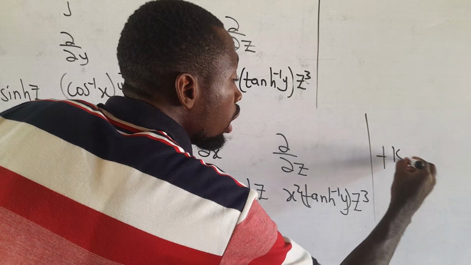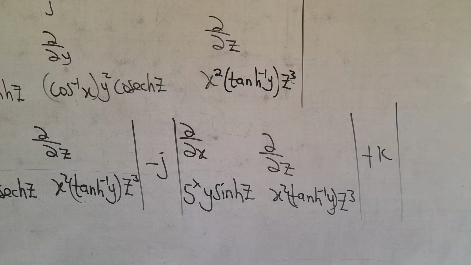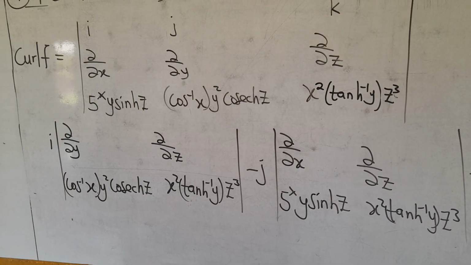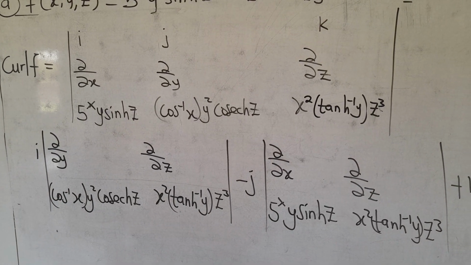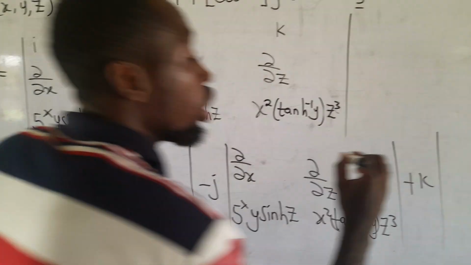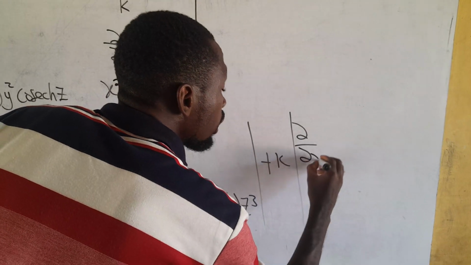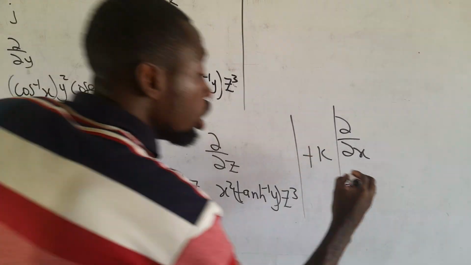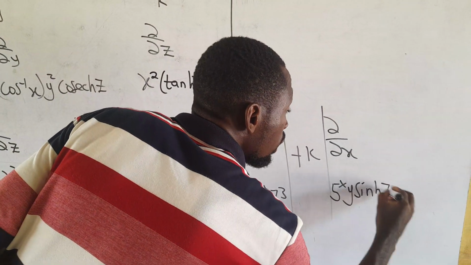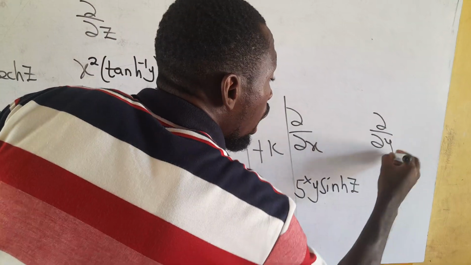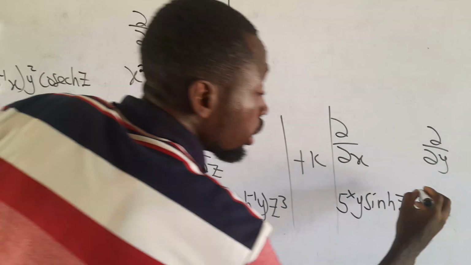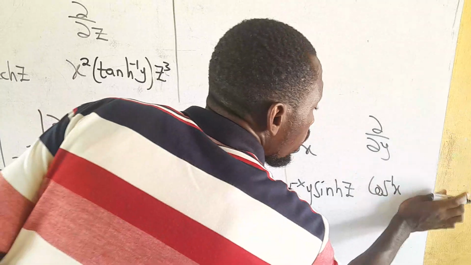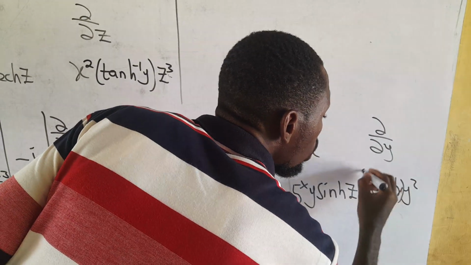Then plus k, the determinant of what is not under the k. And what is not under the k is del over del x, 5 exponent xy sinh z, then del over del y, cos inverse of xy squared cosec z.